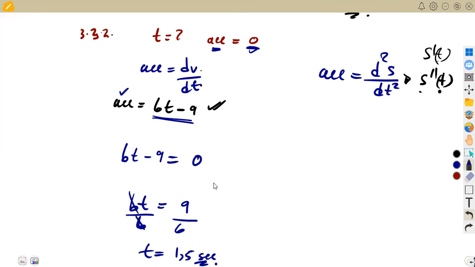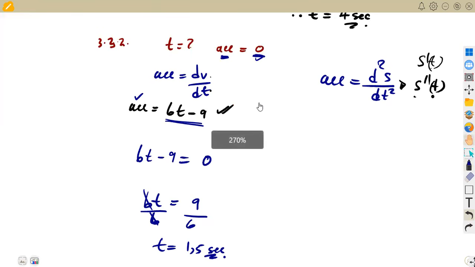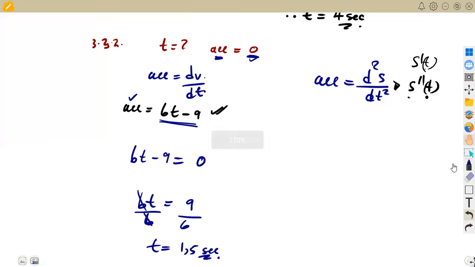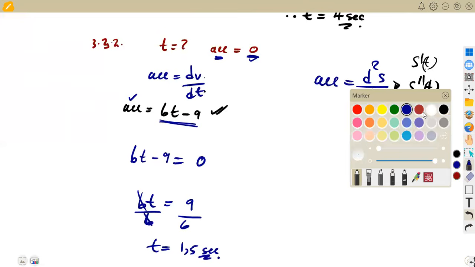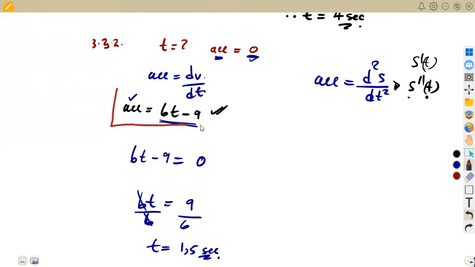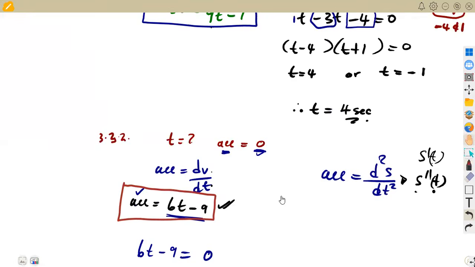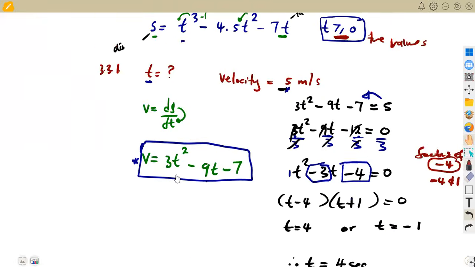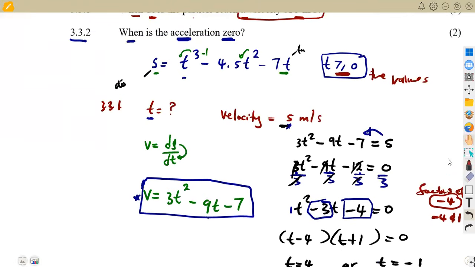All right, so take note of your questions. This time, the question was asking for the time when acceleration is 0. So you have to find an expression representing acceleration. This is the expression for acceleration, this was the expression for velocity, and this is the expression for displacement. You just need to know this part.